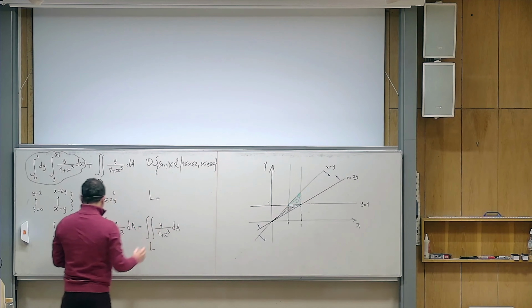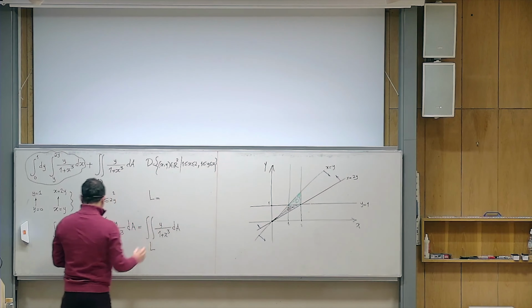Assume that I give you this bigger triangle, and I ask you to calculate this integral on this bigger triangle. You can see that that bigger triangle can be partitioned into two disjoint parts, the blue one and the green one. So you understand that instead of calculating this integral, you can split it into two parts.